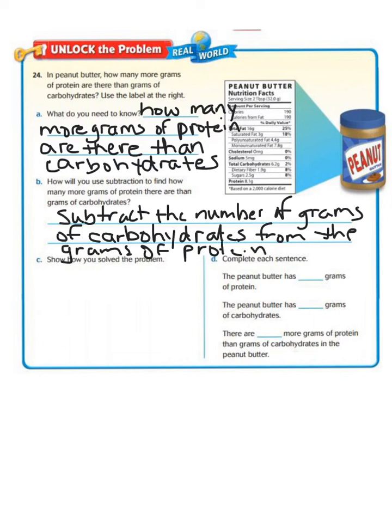Now, it says, show how you solve the problem. Well, in order to set it up, we know that our biggest number, if we look at our grams of protein, is 8.1 grams. And we see that our grams of carbohydrates is 6.2.